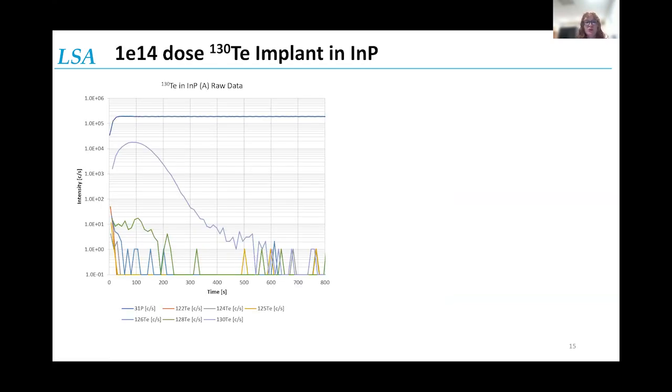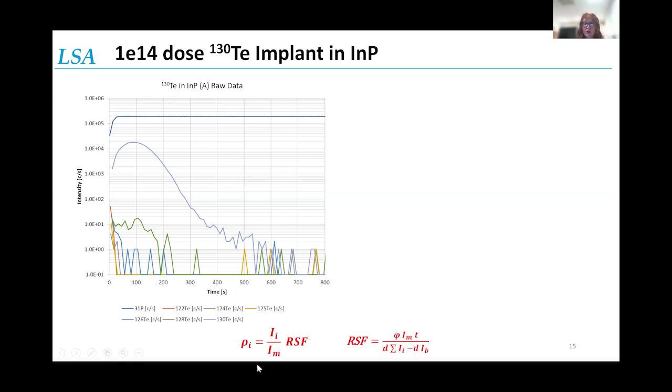And then when we go on to do a depth profile, this pattern has been shown here: we have a really nice Gaussian shaped curve for 130 tellurium, minimal for 128, and no implant shape at all in any of the other isotopes. So this implant has been done really nicely.